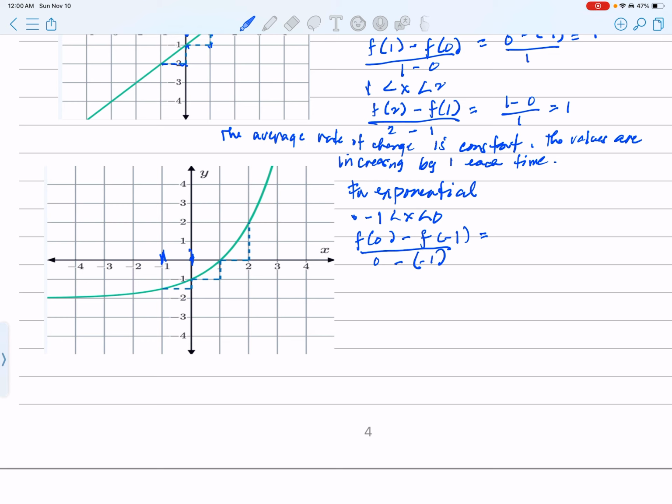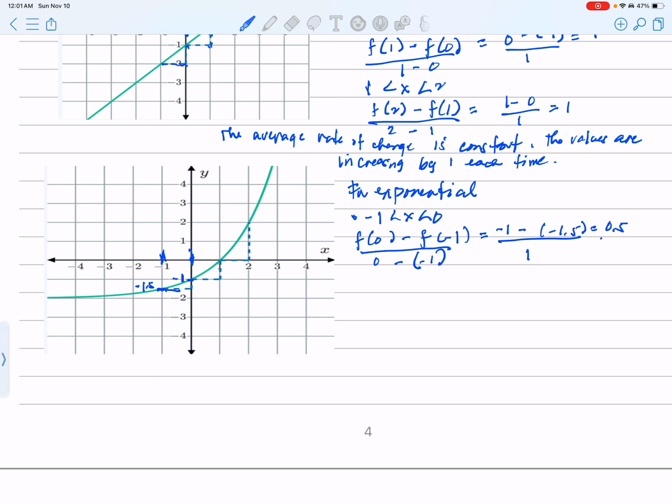When it's negative 1, it's negative 1.5. This is negative 1.5, this is negative 1. That's the difference between the two. And 0 plus 1 is 1. So you have 0.5 over 1, which equals 0.5.